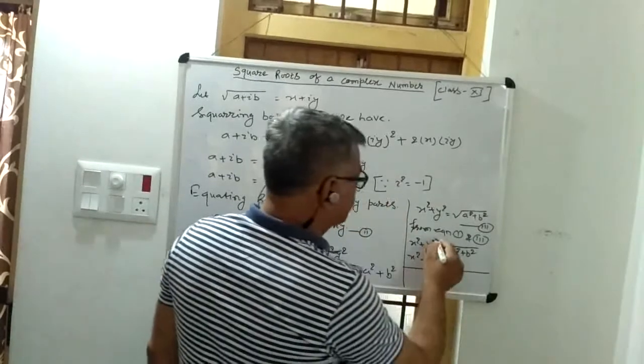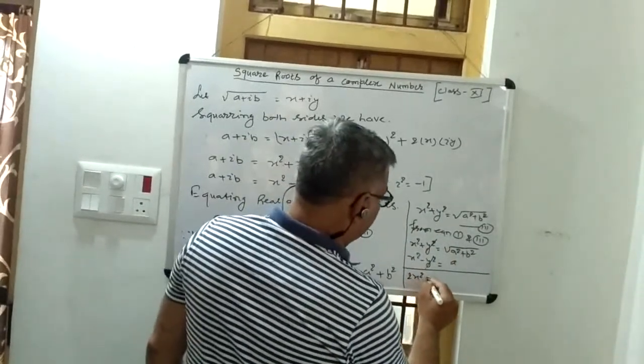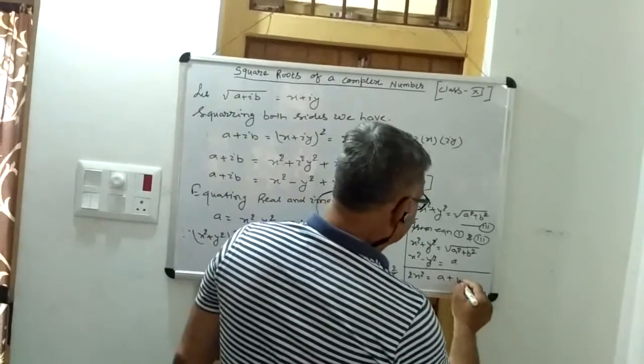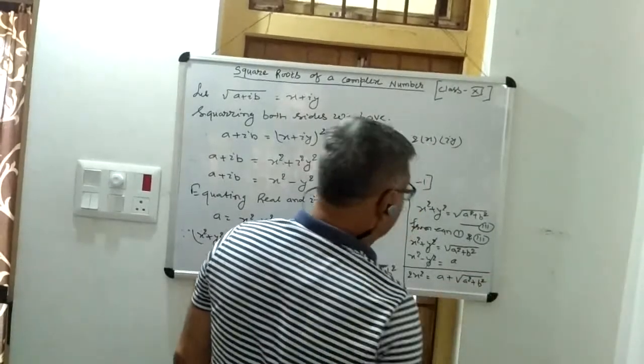So when you add together, you will have 2x square equals a plus under root a square plus b square.